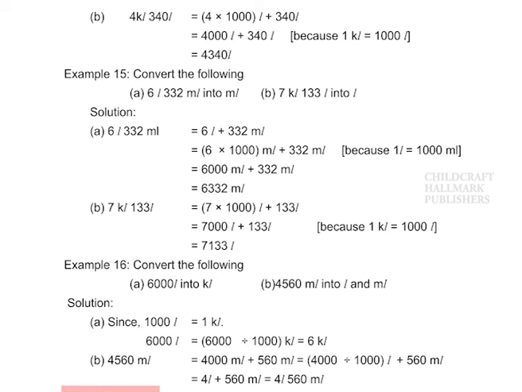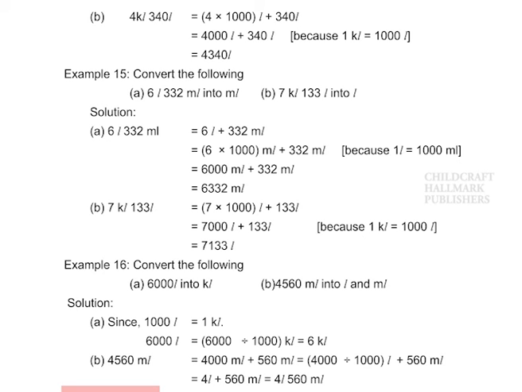Solution: 6 liters and 332 milliliters is equal to 6 liters plus 332 milliliters, which is 6 into 1000 milliliters plus 332 milliliters, which is 6000 milliliters plus 332 milliliters, which is 6332 milliliters. 7 kiloliters and 133 liters is equal to 7 into 1000 liters plus 133 liters, which is 7000 liters plus 133 liters.